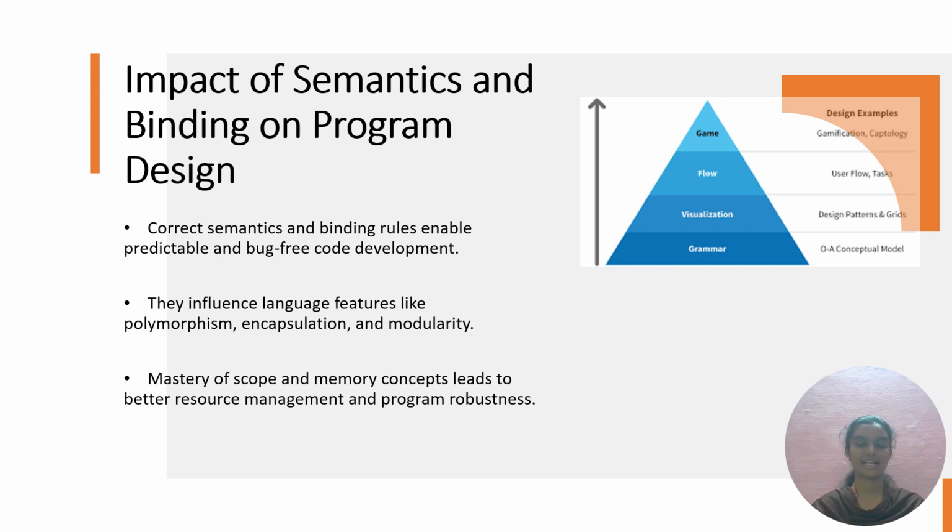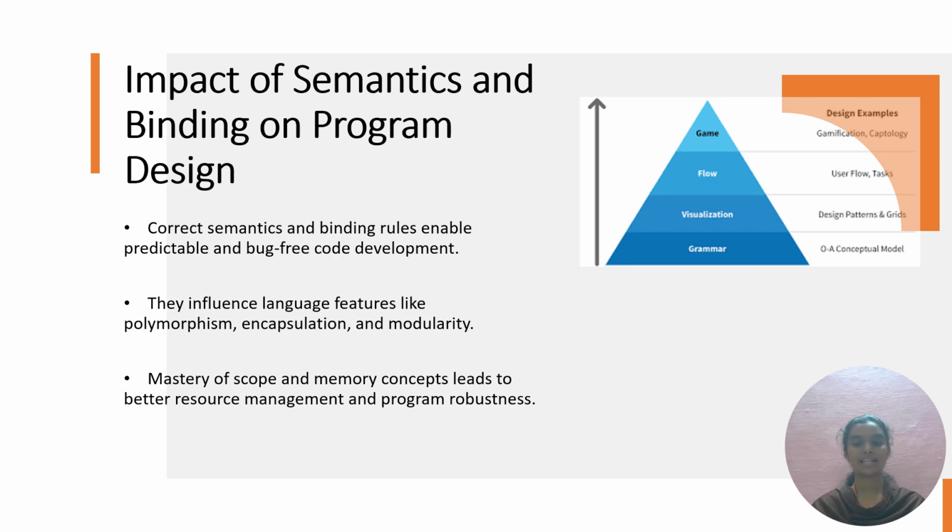A clear understanding of semantics ensures logical correctness and prevents runtime errors. Proper binding improves modularity and reusability of code. The correct syntax and binding rules enable predictable and bug-free code development. Effective scope management avoids variable naming conflicts.